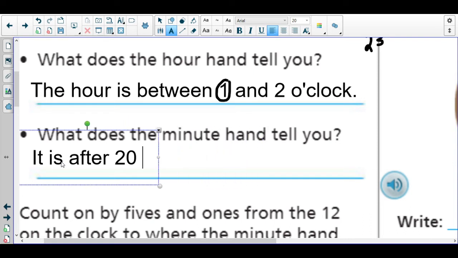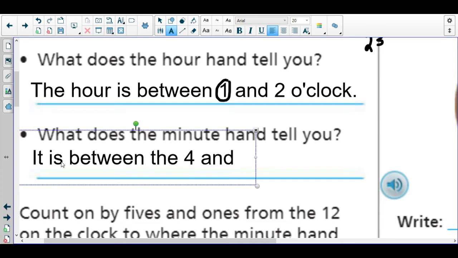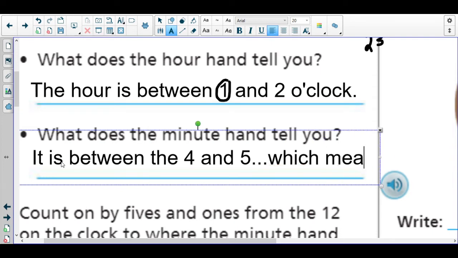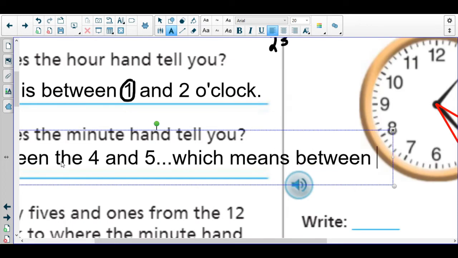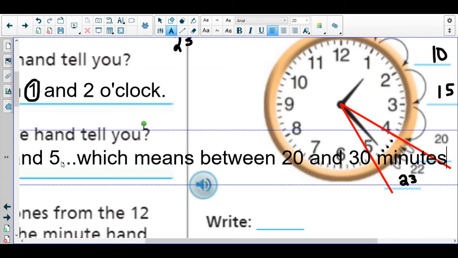Or actually we'll say it is between the 4 and the 5, which means between 20 and 30 minutes.